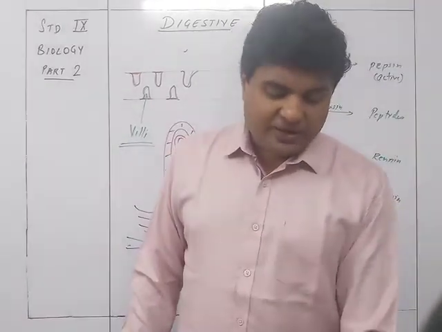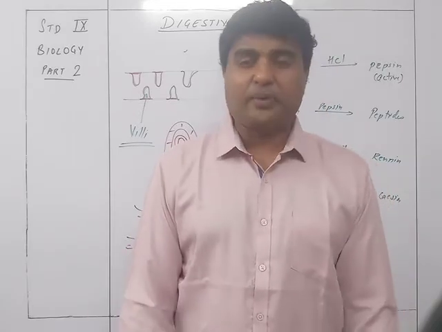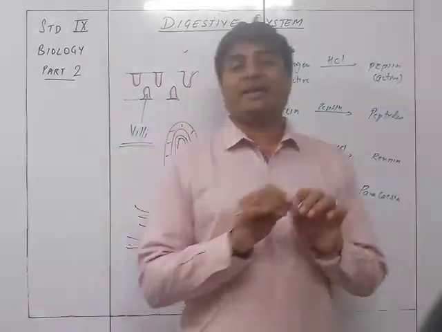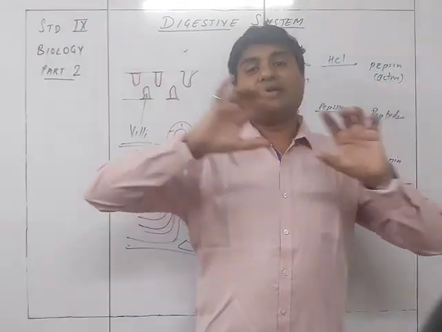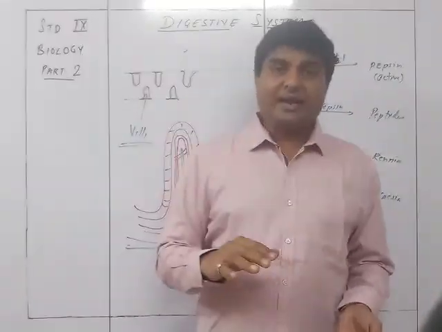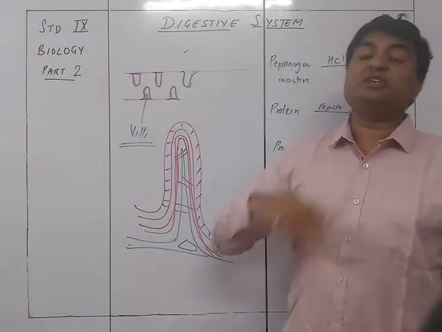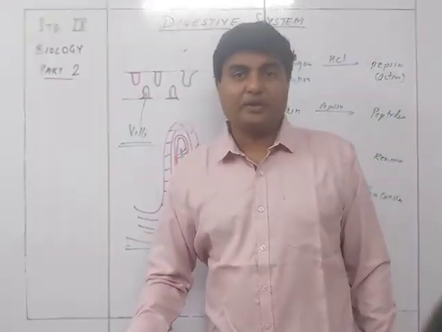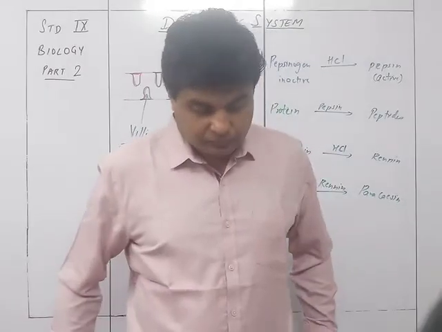The large number of villi further increases the surface area for absorption. So first thing is that the small intestine is 7 meters long, so long that its surface area will automatically increase. Secondly, it has got this villi which further increase the surface area much more for absorption.